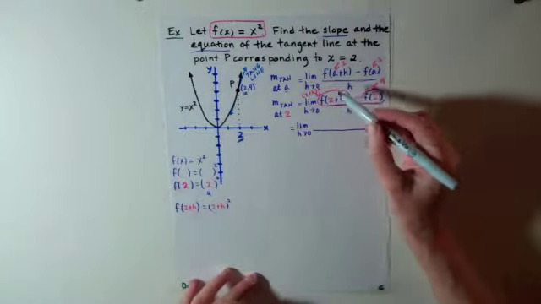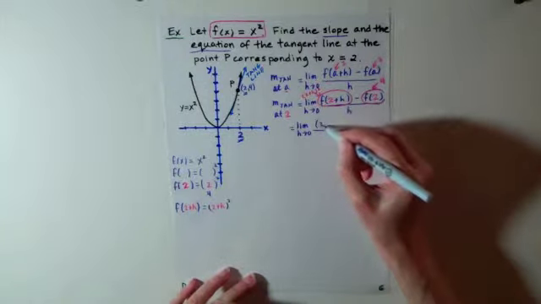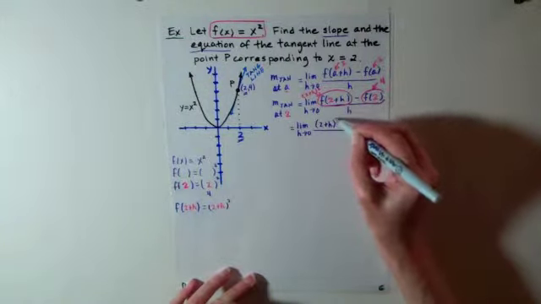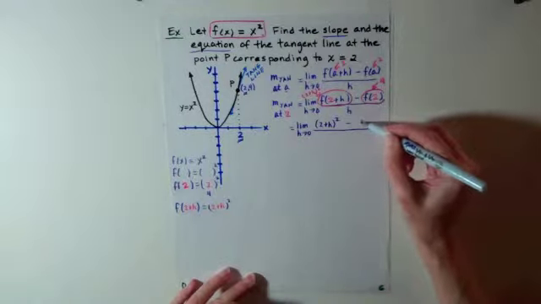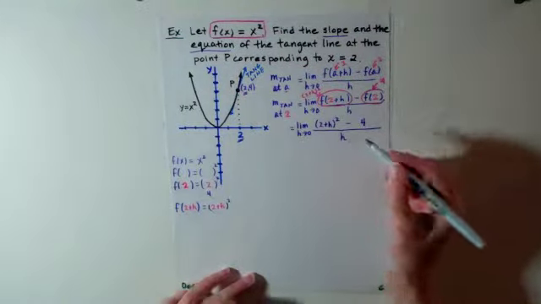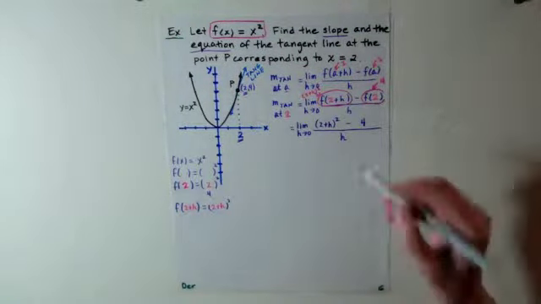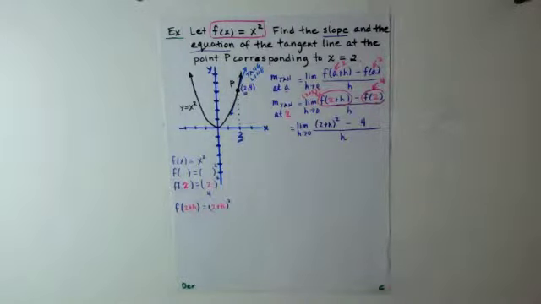So what do we get here? F of 2 plus h, we said, is just the quantity 2 plus h squared. And f of 2, we said, is just equal to 4 for our particular function f of x equals x squared. And that whole thing is supposed to be divided by h. That's part of our formula for the slope of the tangent line.